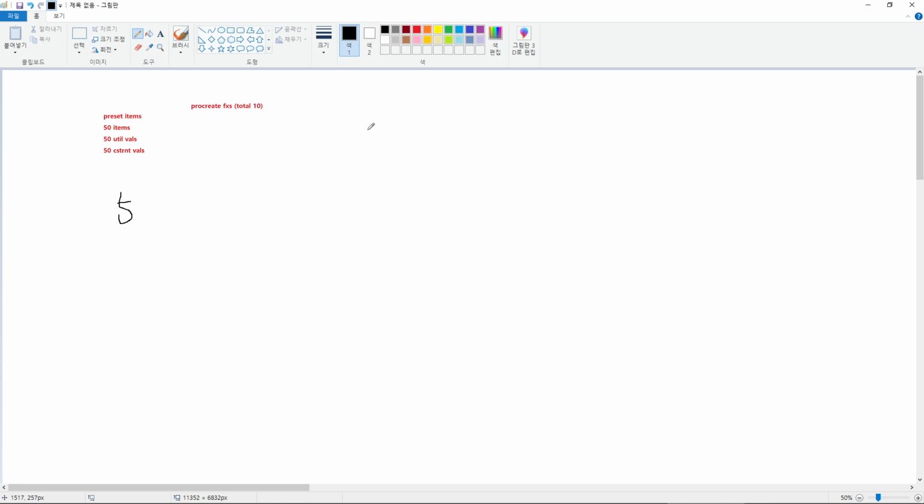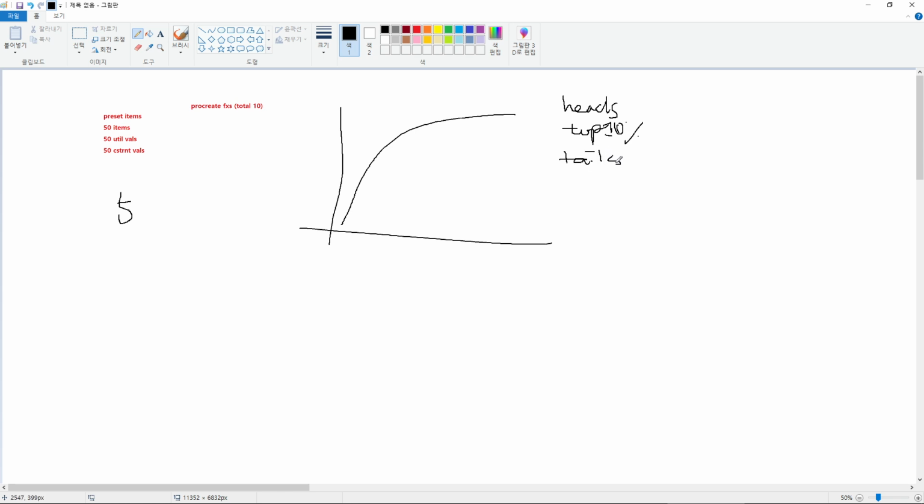And then what did I do? I compared all the summed plateau plots for the heads. Well, what is this? Heads, top 10%, and tails. Really? Yeah, that's what I did.